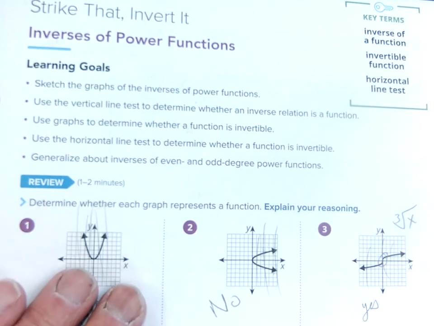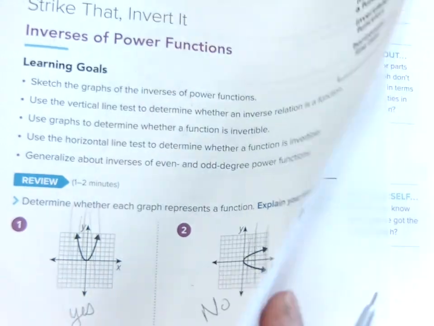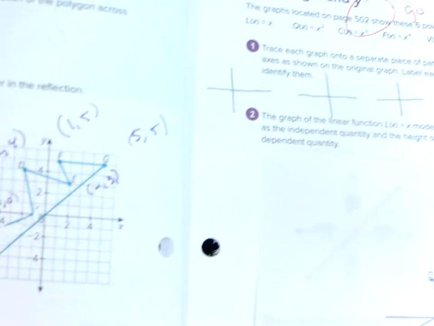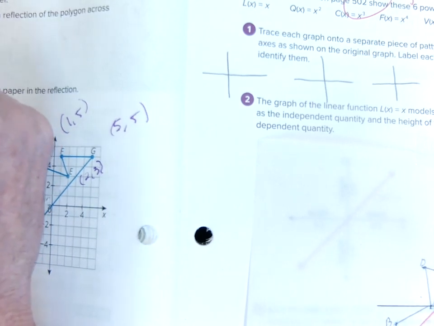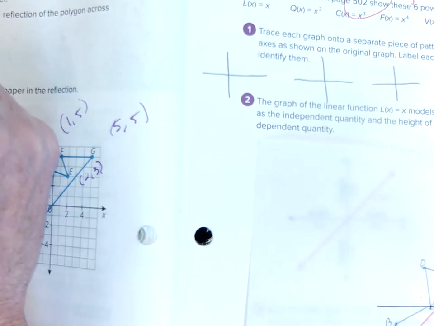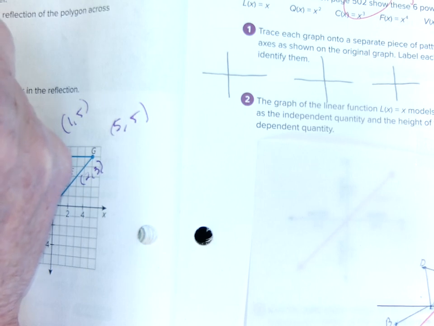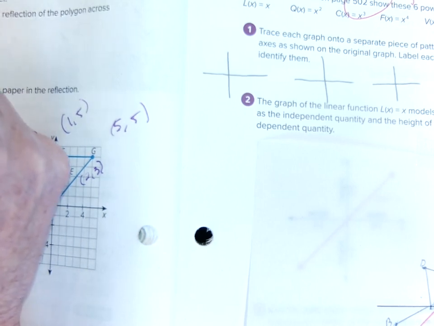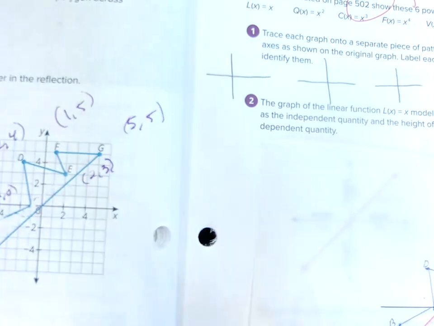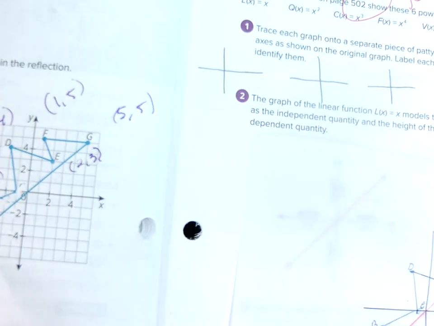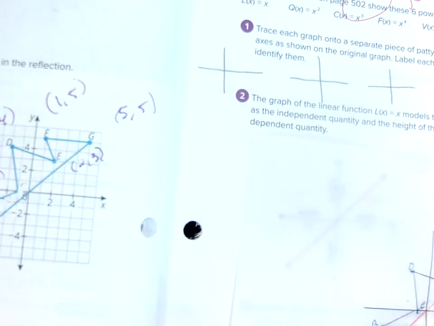a cube root graph, okay? So what we want to talk about today was inverses. And the big thing about inverses is you have to talk about switching x and y. So we'll talk a lot about this. Okay, so we have this figure, and we got all of the points, and then we took patty paper.